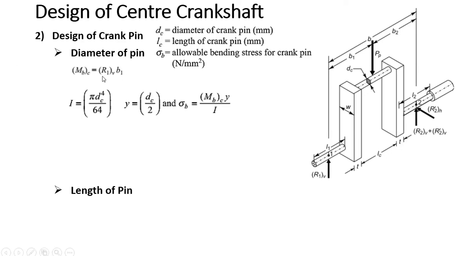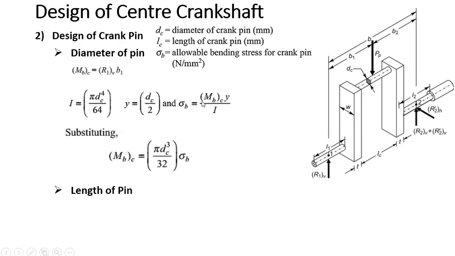So we know that bending will occur. You use the bending equation, M upon I is equal to sigma upon Y. By rearranging the terms you calculate the bending stress, and you already know the bending stress that will be given for the crank pin, and using this relation you will calculate the diameter DC. And what is MBC?